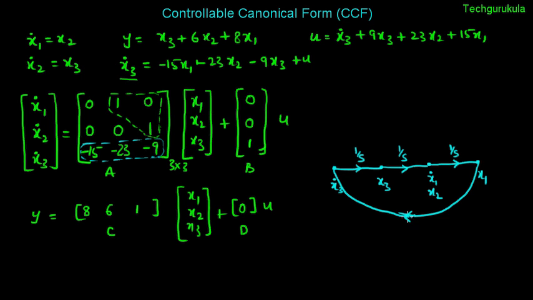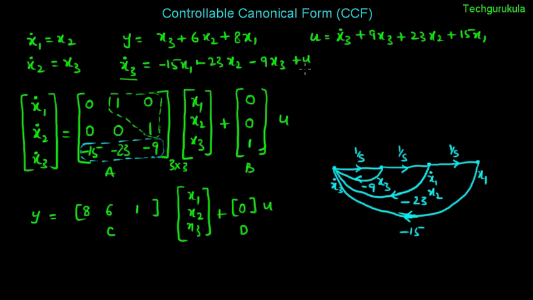This will be minus 15, and it depends on x2 with minus 23. x2 is here. This signal should come, and this is minus 23. And x3 also it depends. So x3 is minus 9.